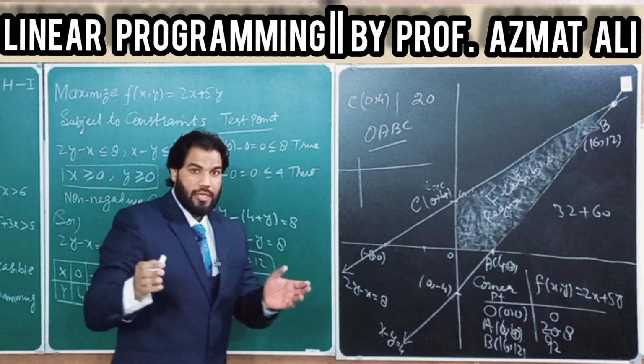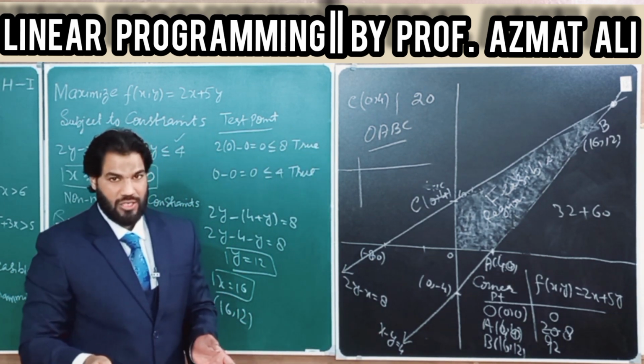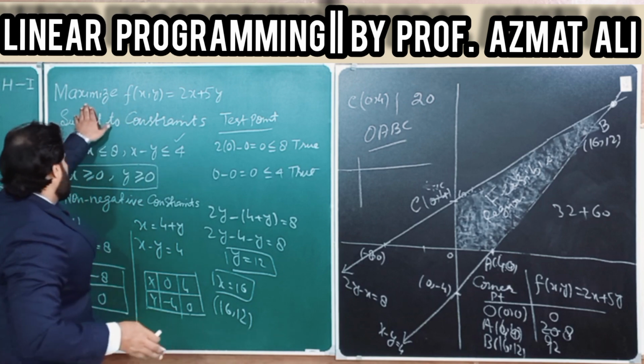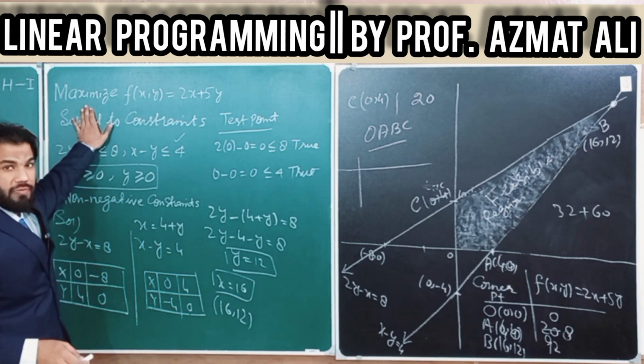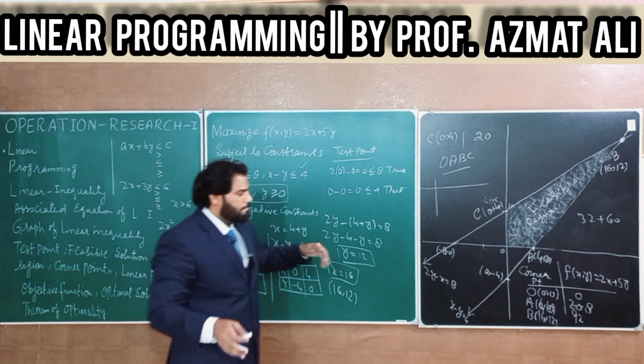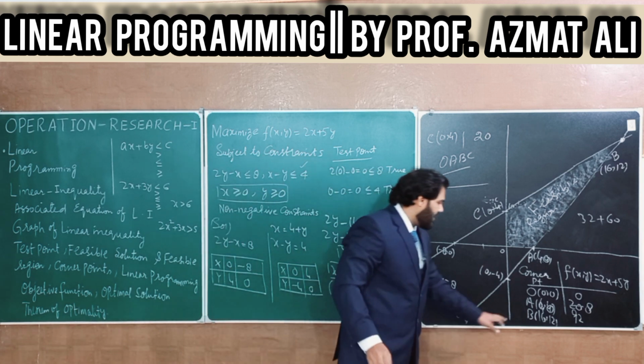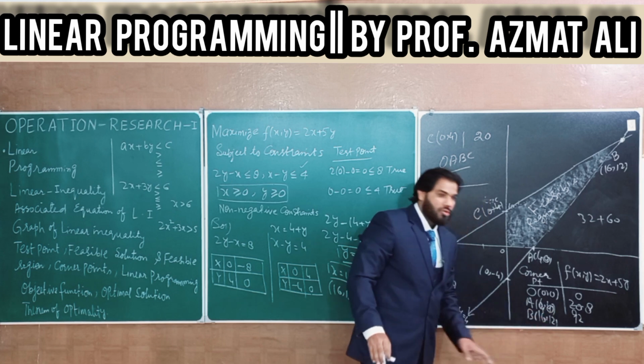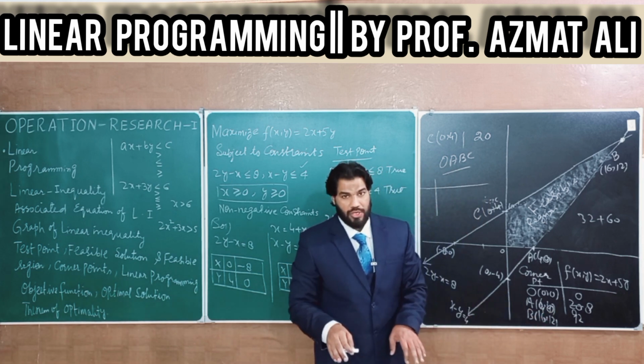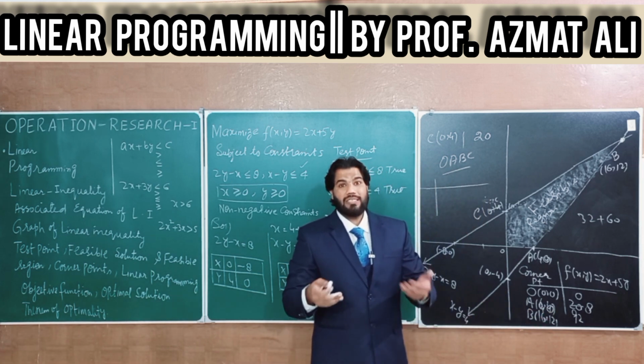As we have to find the maximum value of the given objective function, because in the question we have to maximize the given objective function, the maximum value of the objective function exists at point (16, 12). So (16, 12) is the corner point that optimizes our objective function.